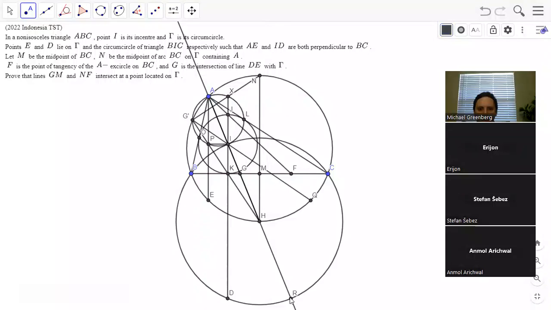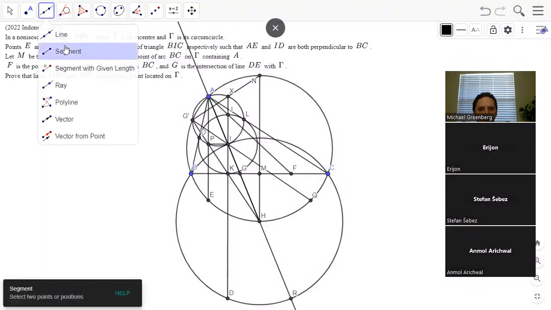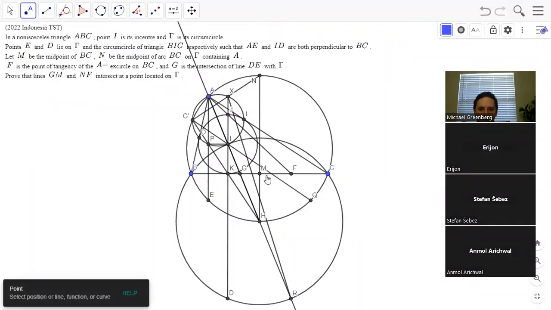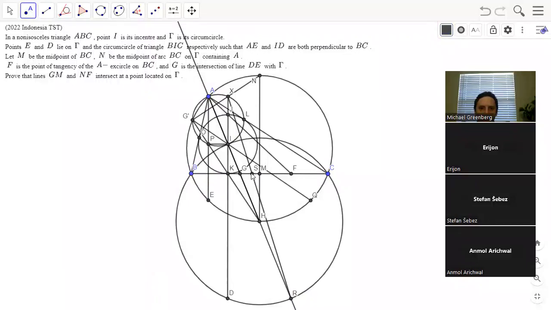So D goes to infinity, I goes to G, K stays at K. And X, we want to see where X goes. Okay, so we want to show that basically G is the midpoint of KS, right?